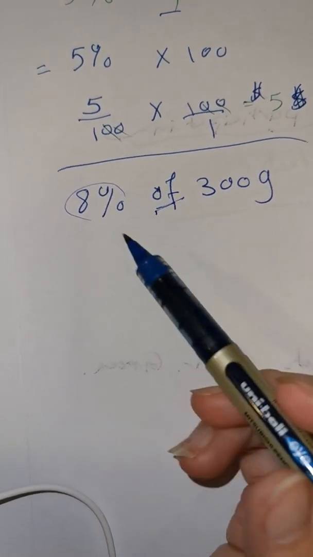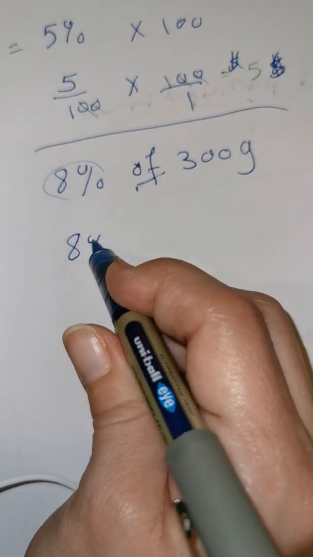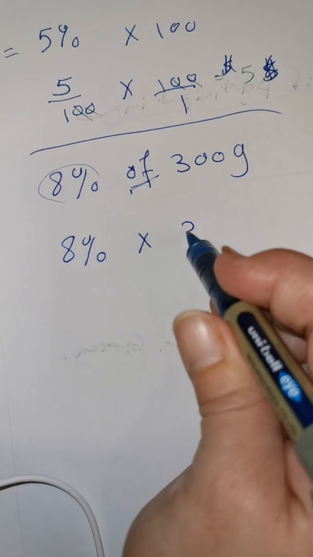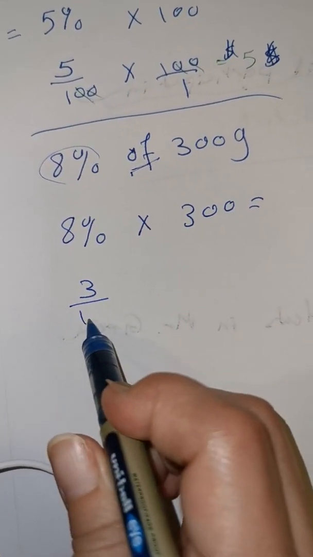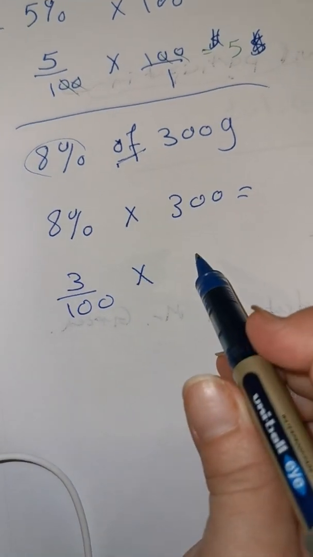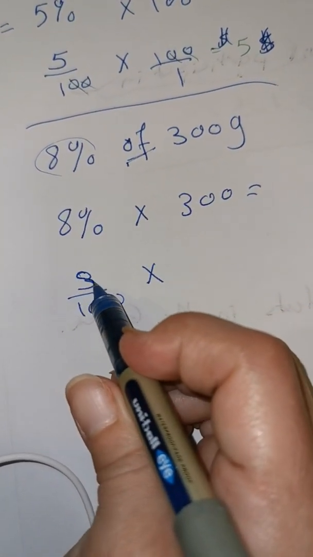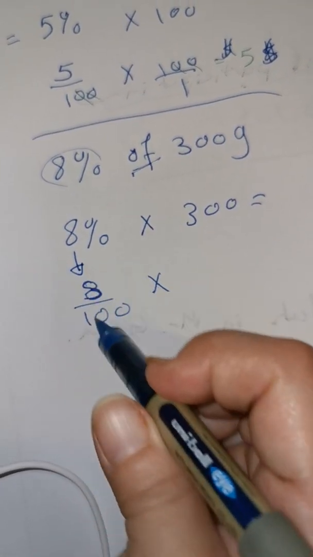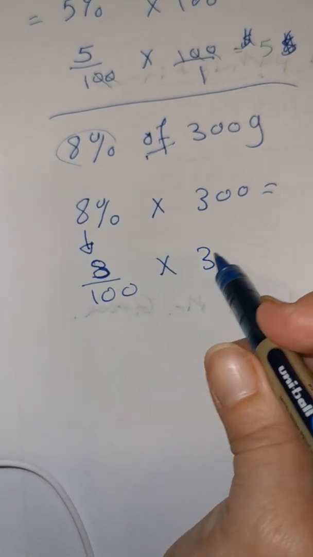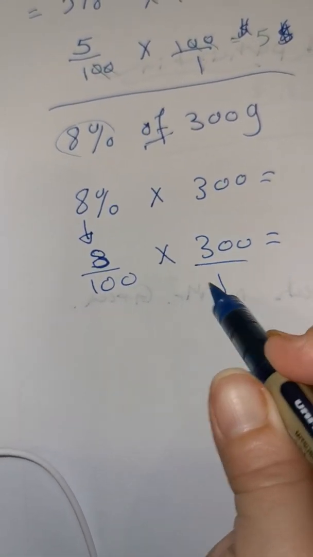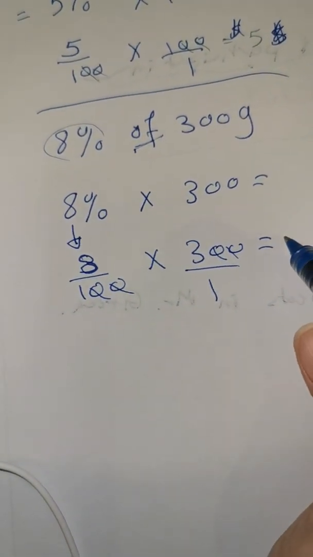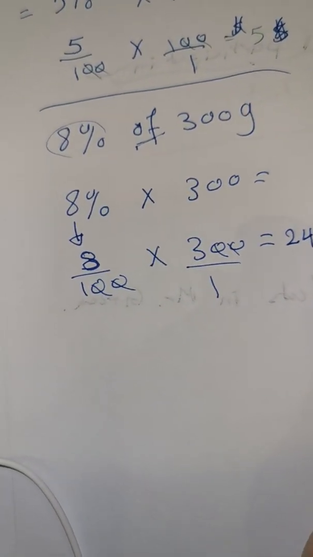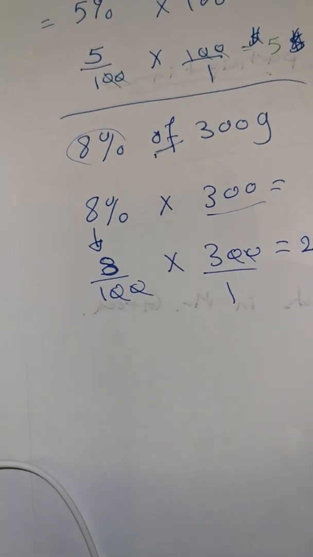We have of, so 8% times 300 equal 8 over 100 times 300 equal 3 times 8 equal 24 what? 24 grams لأنه 300 هي بالgrams.